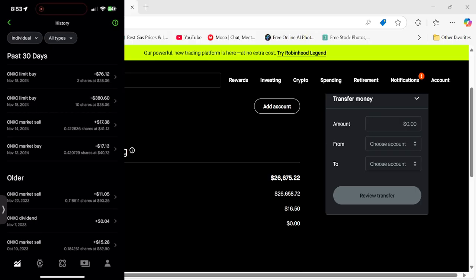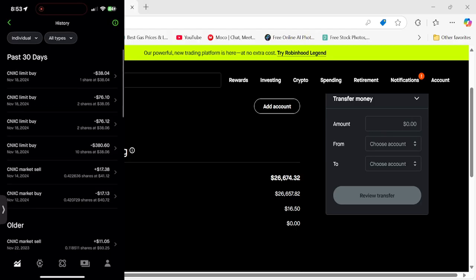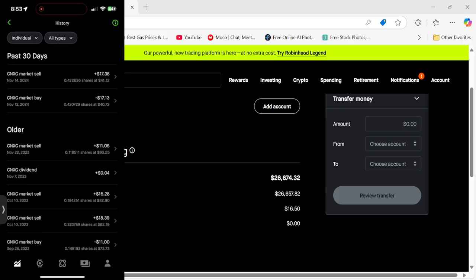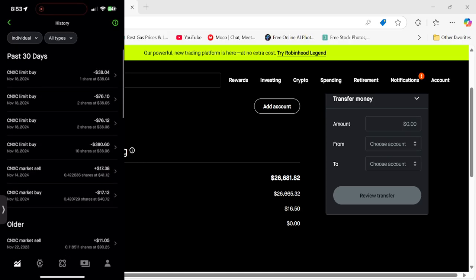I was looking through purchases, but I really started buying into it again on November 18th, which was 12 days ago. Before that, I could see the sell-offs right here. November 14th, I sold off the last 0.422636, less than half a share. But then a couple days later, it fell, and I bought back in. So within 12 days, this has generated $115.